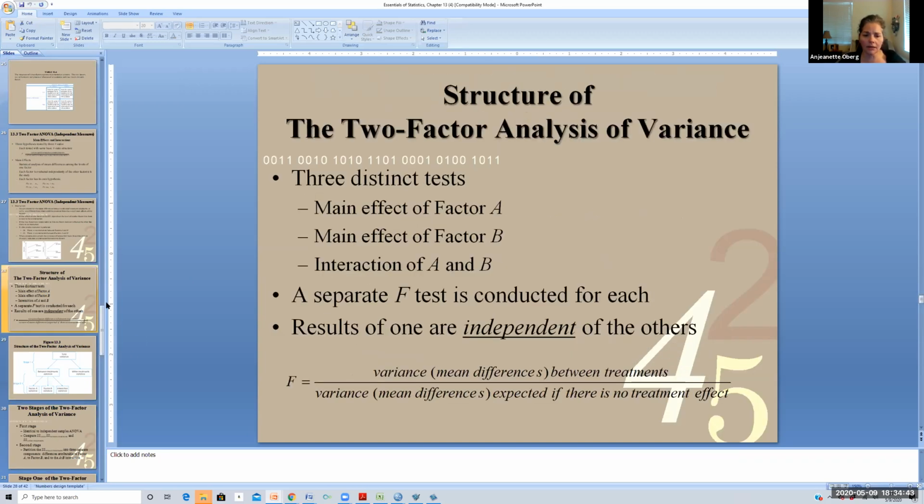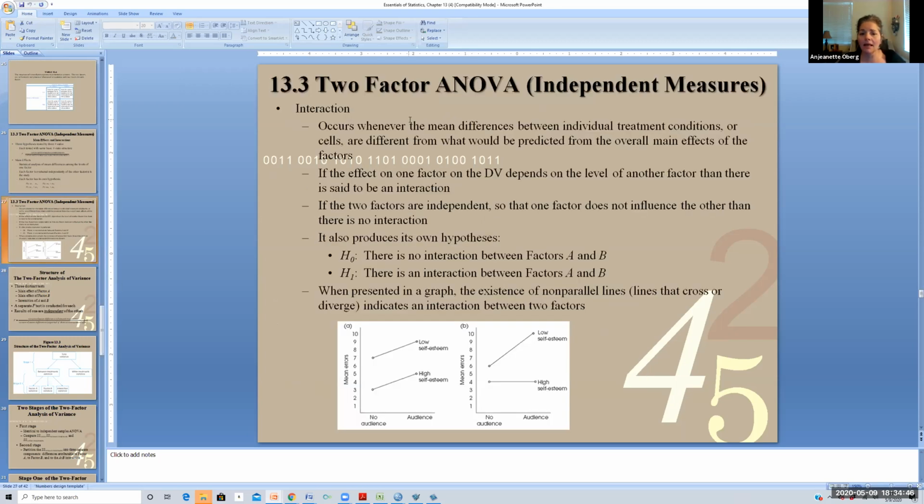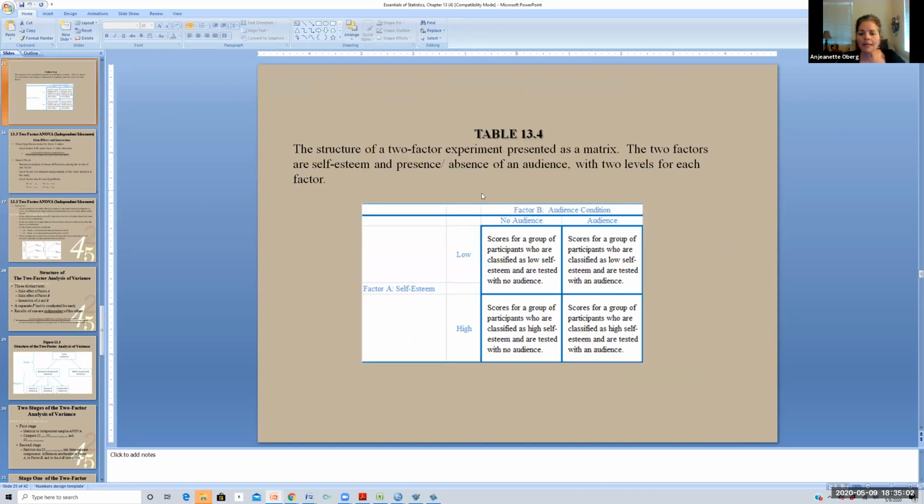So an interaction is telling us that our outcomes with the interactions are different than what we see in the main effects, or that the effect of one factor depends on the level of another. So let's say the effect of audience condition doesn't really matter. Exam scores are the same for no audience versus audience, but only for people with high self-esteem.